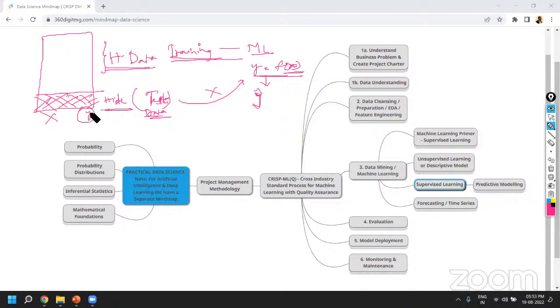It's just that we have hidden it, right? So using this Y, we will try to measure how good the prediction is. We'll see what the difference is between our predicted value and the actual value. This is the actual value and this is the predicted value. This is called error.